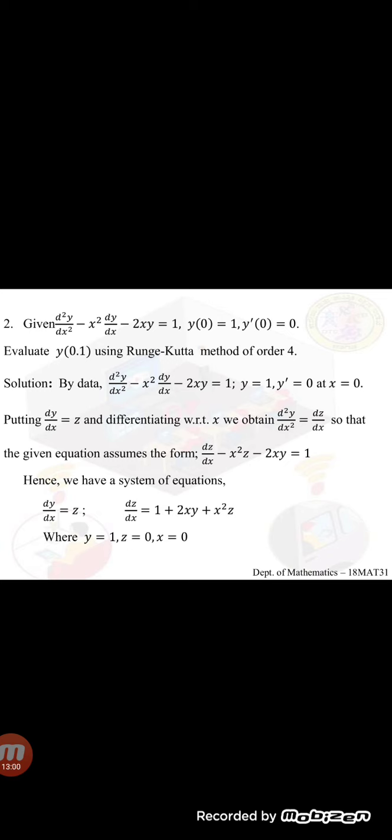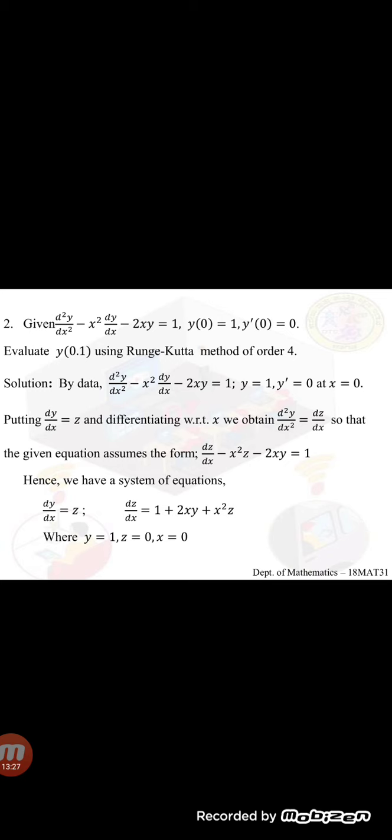Example 2. Given d square y by dx square minus x square into dy by dx minus 2xy equal to 1. Y of 0 equal to 1, y dash of 0 equal to 0. Evaluate y of 0.1 using Runge-Kutta method of order 4. Solution, as I said, we have to write two differential equations of first order.